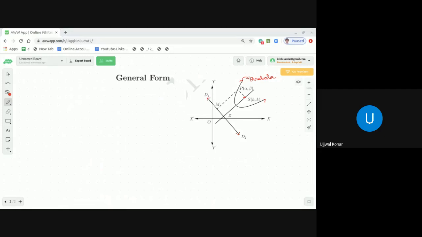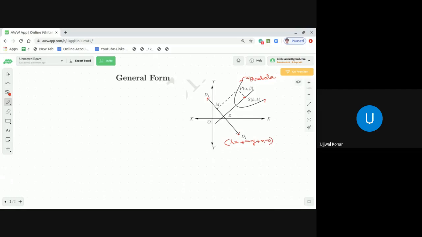So d1 d2 is the directrix, and let's take its equation as lx plus my plus n equal to 0. So the equation of this straight line is lx plus my plus n equal to 0. Let me write properly. Sometimes on the digital board it is a little difficult to write. lx plus my plus n equal to 0. This is the equation of the directrix.